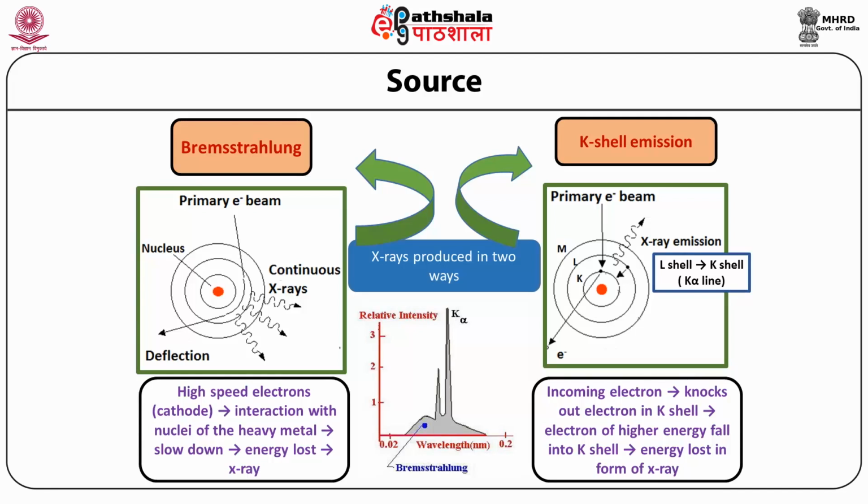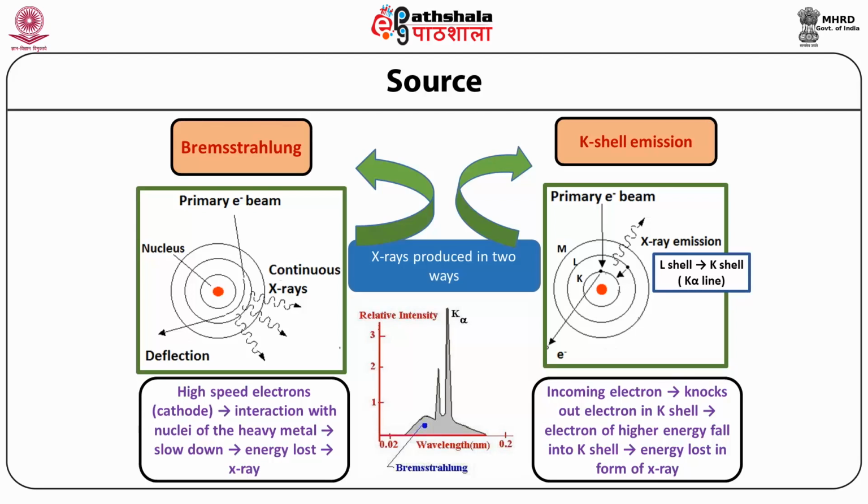So this is X-ray emission, and we can depict this, which is given in the slide here. In the first one, which is Bremsstrahlung, high-speed electrons at the cathode are there. Interaction with the nuclei takes place, and then the electrons obviously slow down and energy is lost.